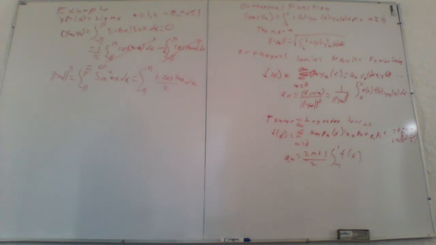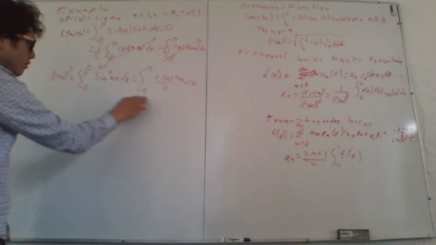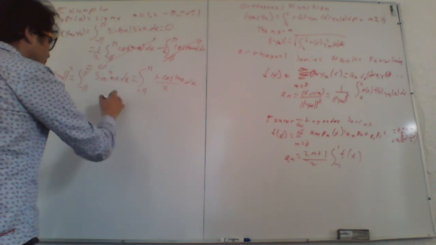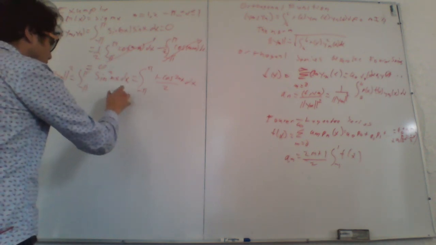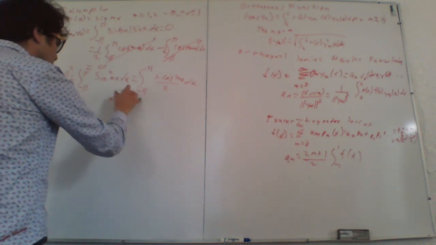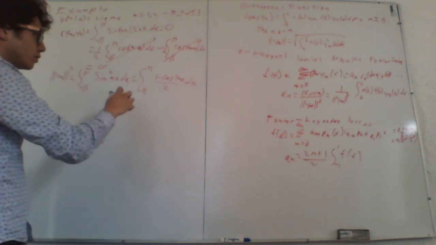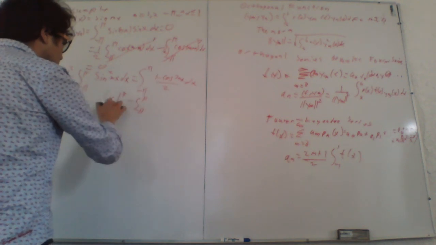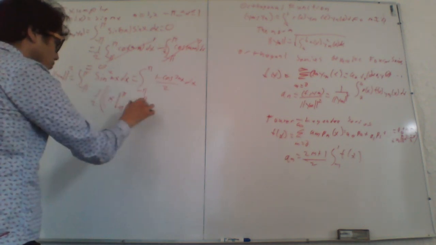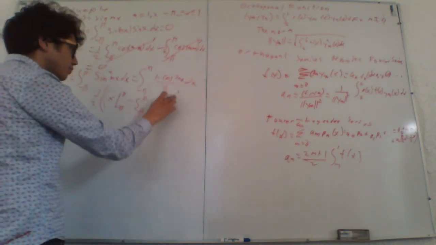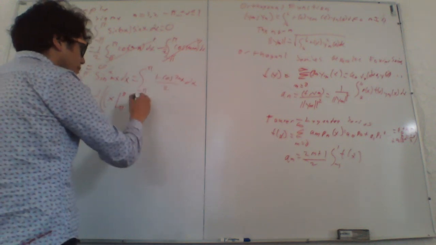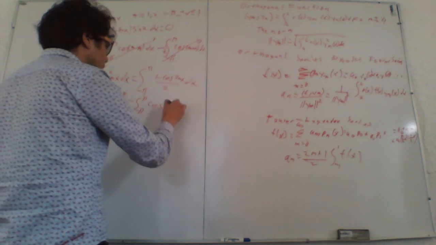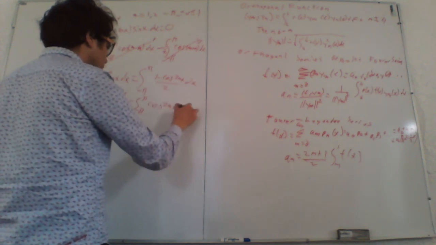Okay? So if we integrate this, minus the integral of cosine 2mx dx.